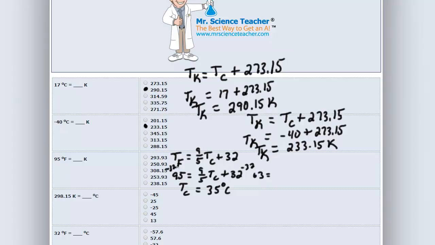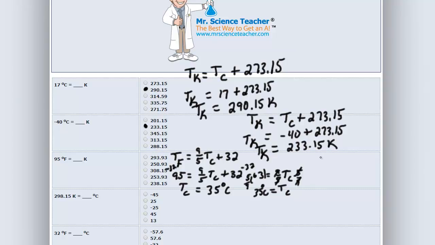So 95 minus 32 is 63. And 63 would be equal to 9/5 the temperature in Celsius. If we multiply by 5/9 on both sides, the 5's drop out and the 9's drop out, and the temperature in Celsius, you take 5 times 63 and divide by 9, gives us 35 degrees Celsius. So that's what I meant.